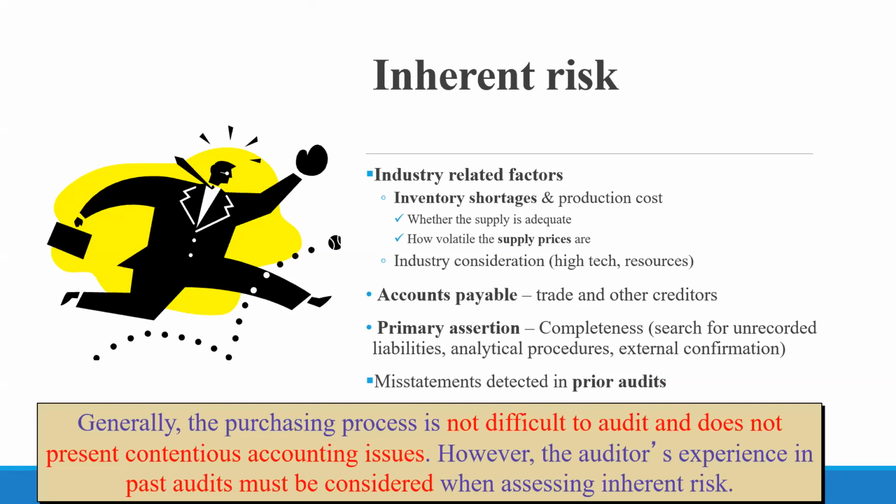We will talk about those assertions later on. And of course, from prior audits' working documents, you could easily inherit what has been wrong in this company previously. Previously occurred problems and risks would usually be repeated this year, so you borrow a lot of inherent risk documented in prior years' audit working papers.